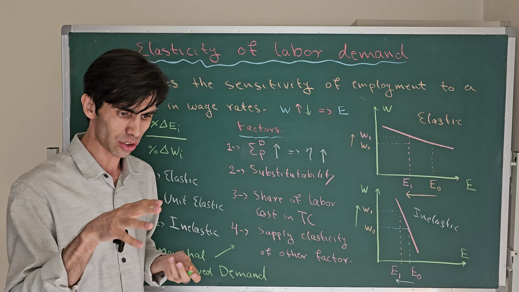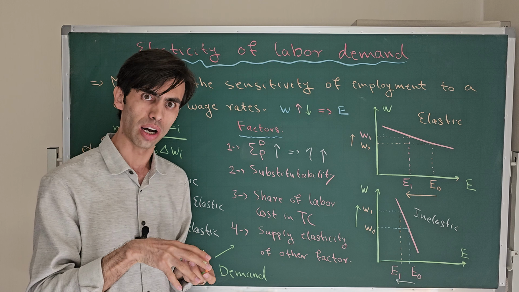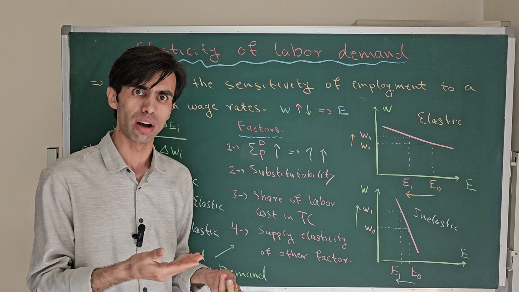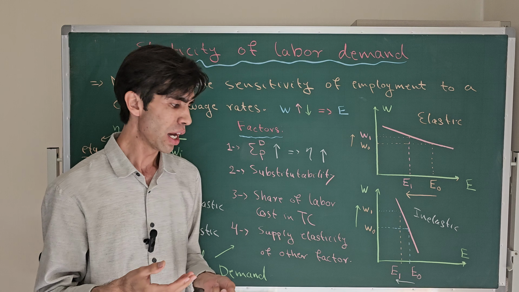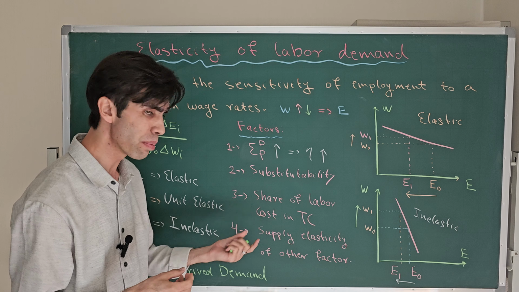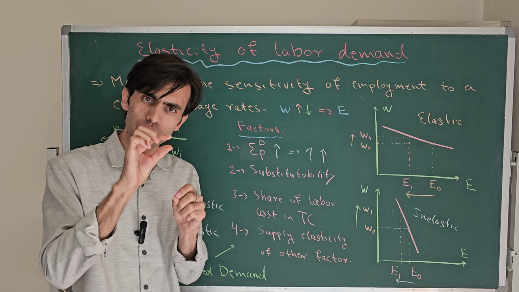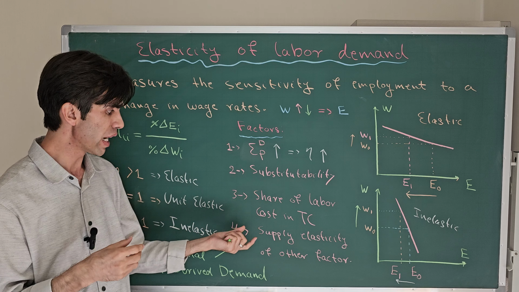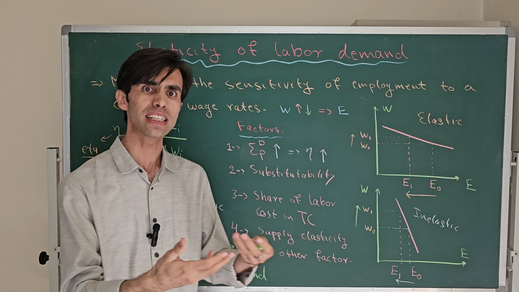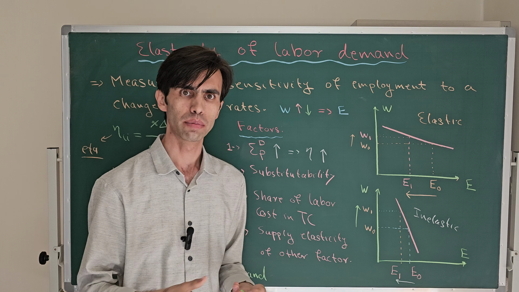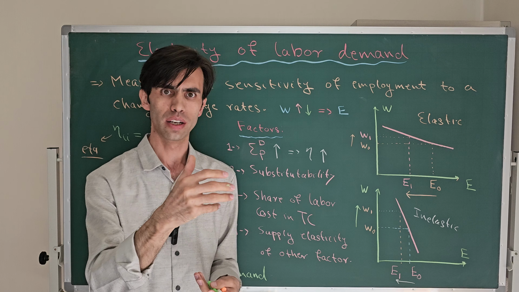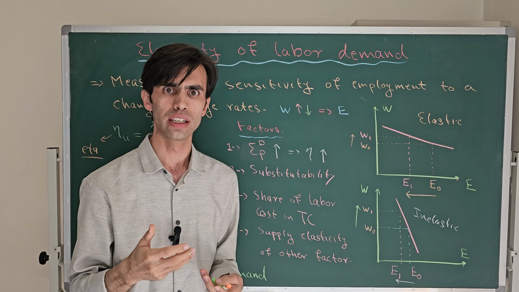So in order to decrease total cost, employers will reduce the number of employees or workers. But when the share of labor cost in the total cost is too small, employers will not be too sensitive to changes in wages because it's too low. So they will not respond strongly.